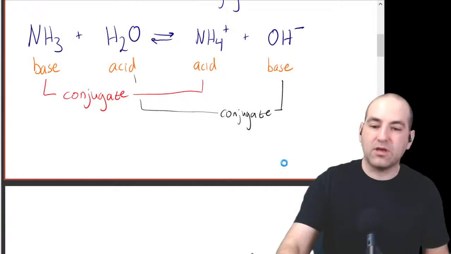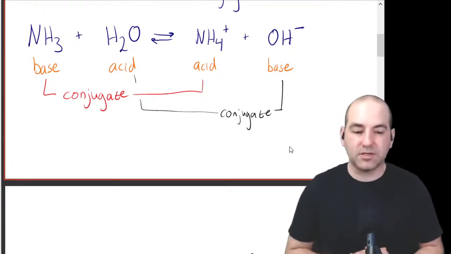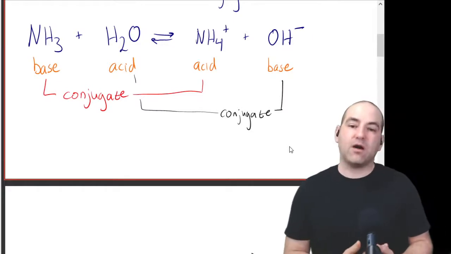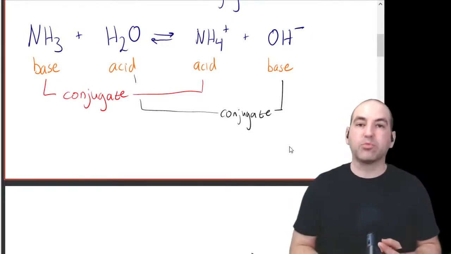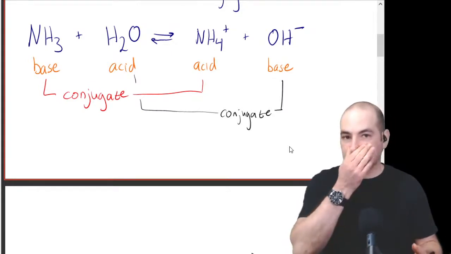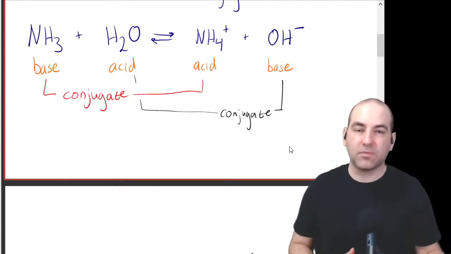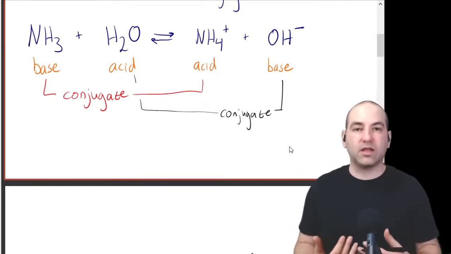The reason that we keep talking about these conjugate pairs is this is how we can figure out fairly easily how to predict a reaction. So if we know that a molecule is going to undergo an acid-base reaction, and let's say it's going to form its conjugate base, so it's going to act as an acid and give up its hydrogen, then we can say, all right, what kind of molecule is it going to form?